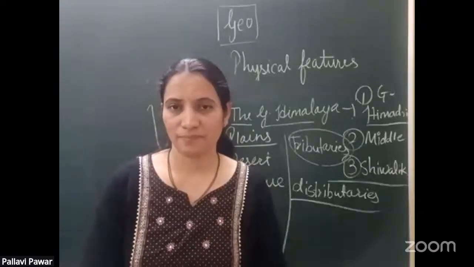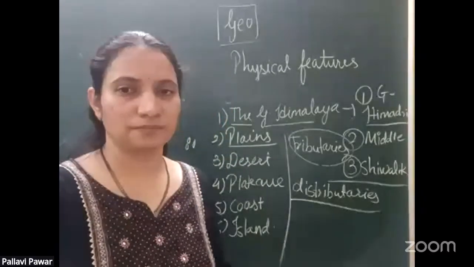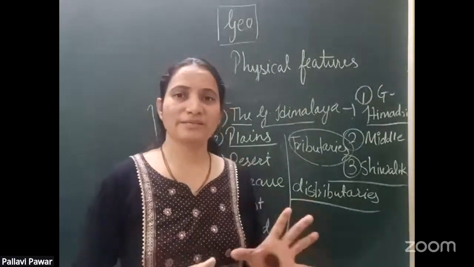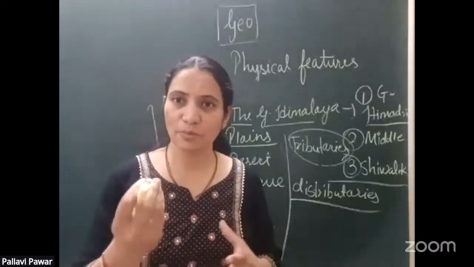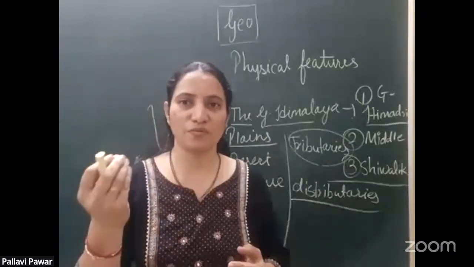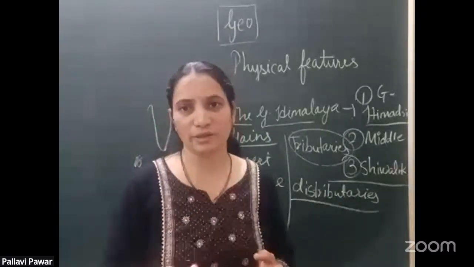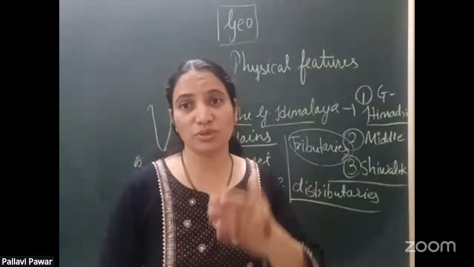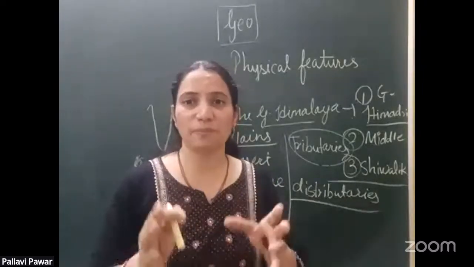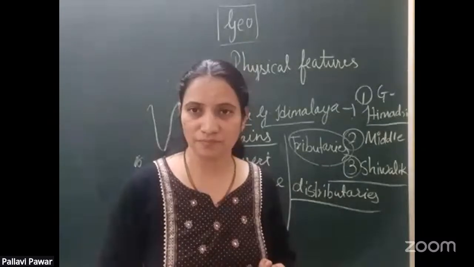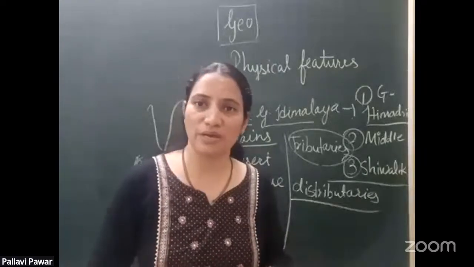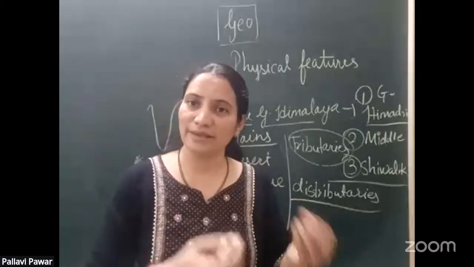Ma'am, what type of questions will be framed from this context? They will ask you about tributaries. For example, they will give one example, and you have to select the correct option, whether it is a tributary of the river Ganga. They may ask you the latitudinal extension of the Himalaya, the different parts, perennial rivers and seasonal rivers, or the height of Mount Everest and the highest mountain of India.